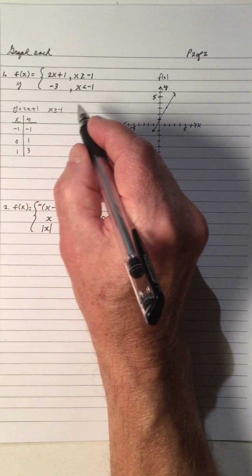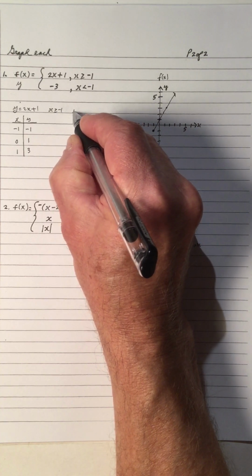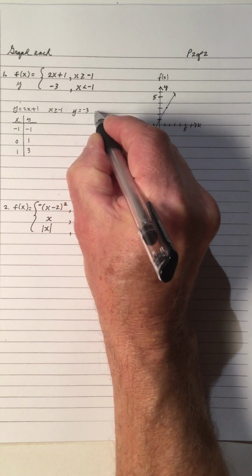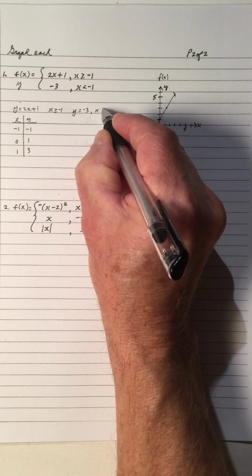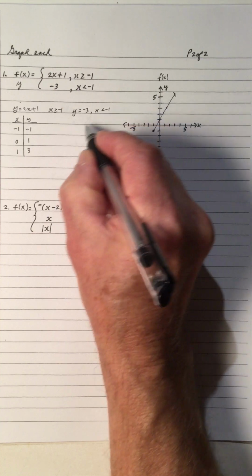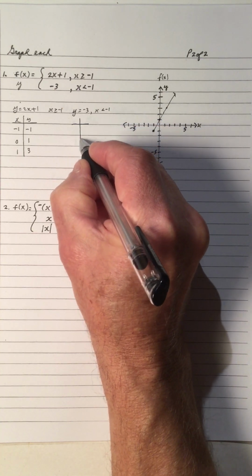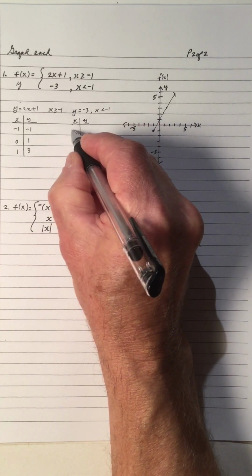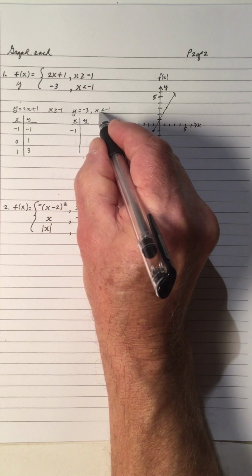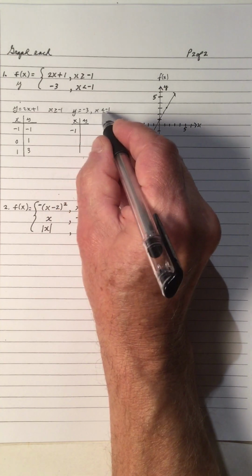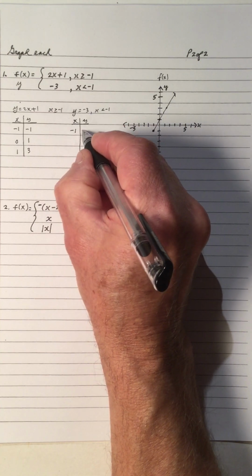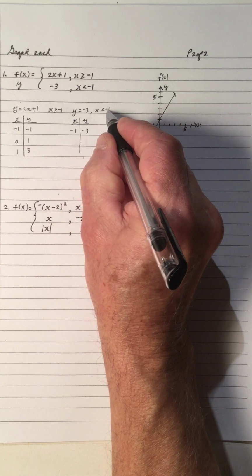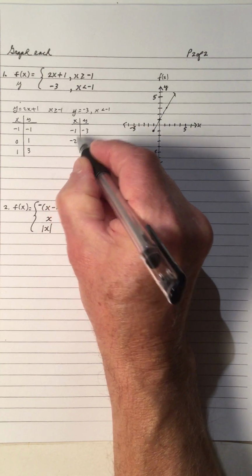And we have this one right here, and this one is y is equal to negative 3. And that's when x is less than negative 1. So let's do a table of values and see what we have, x and y. If we start at negative 1, when x is negative 1, y is negative 3. When x is less than negative 1, that's negative 2.